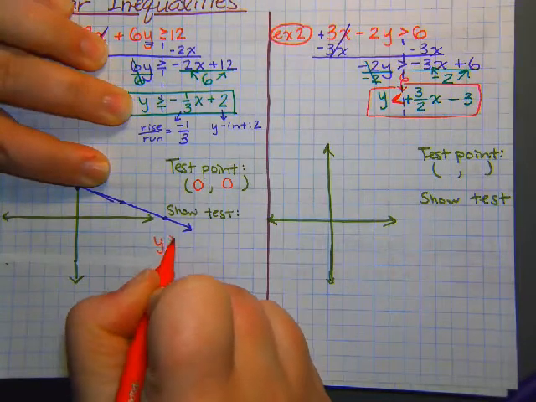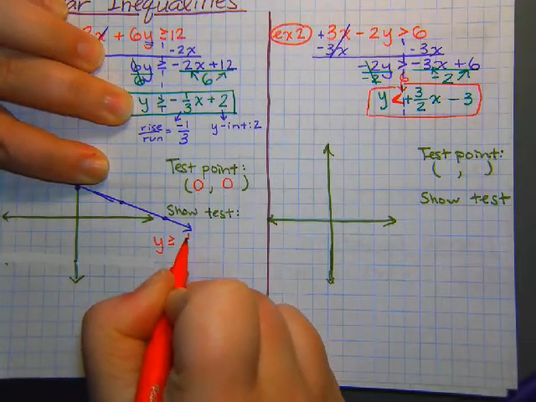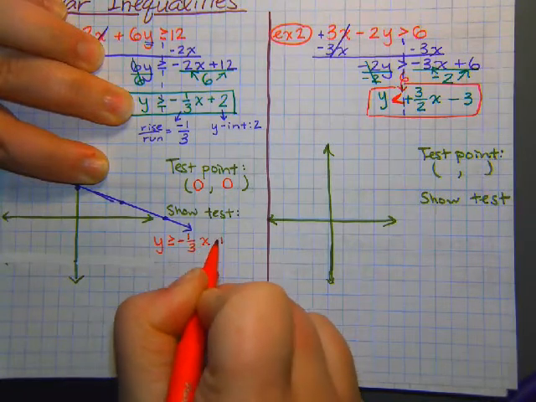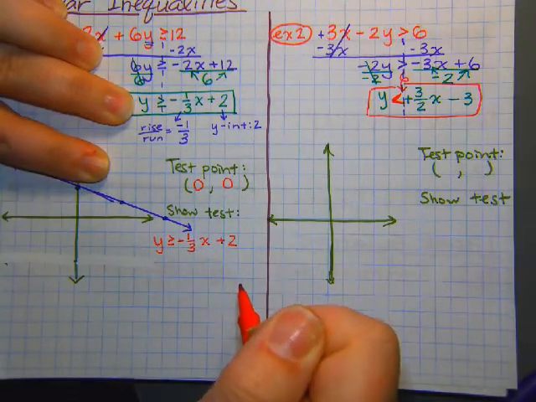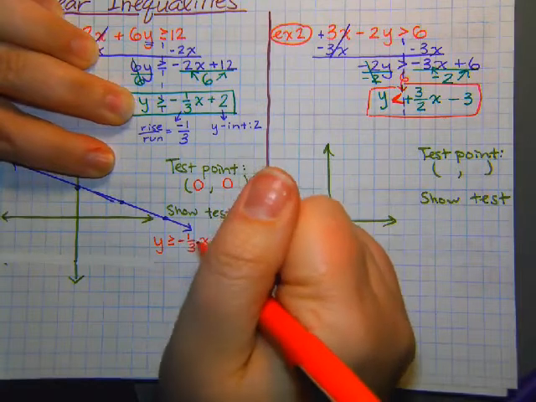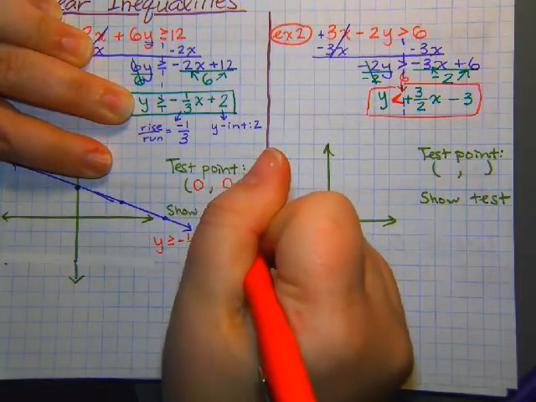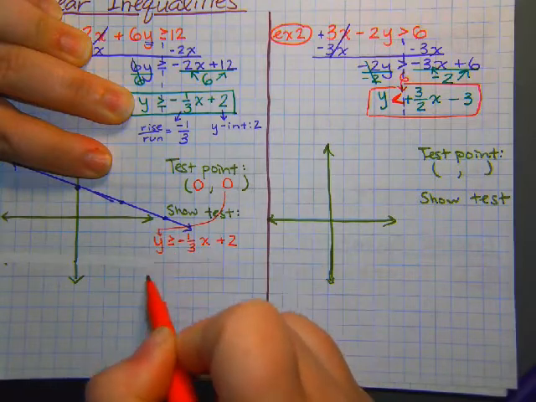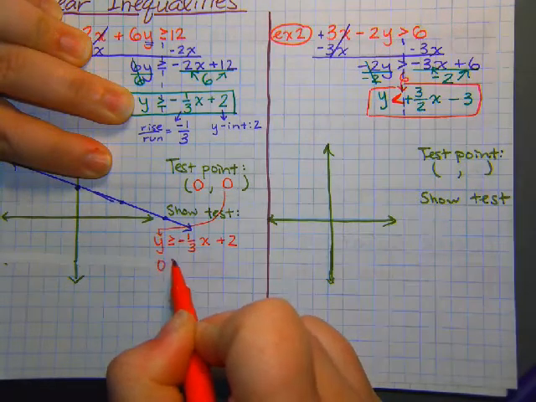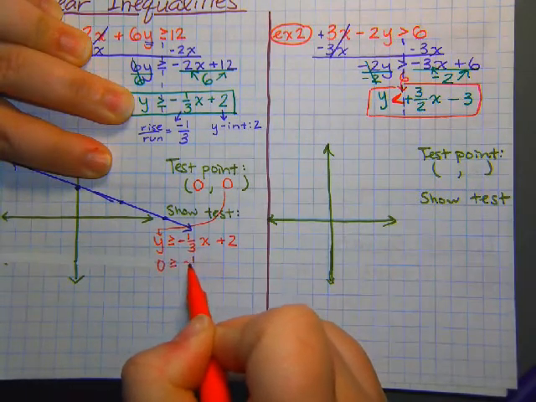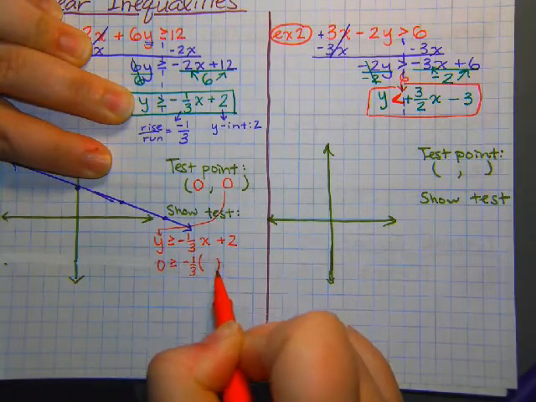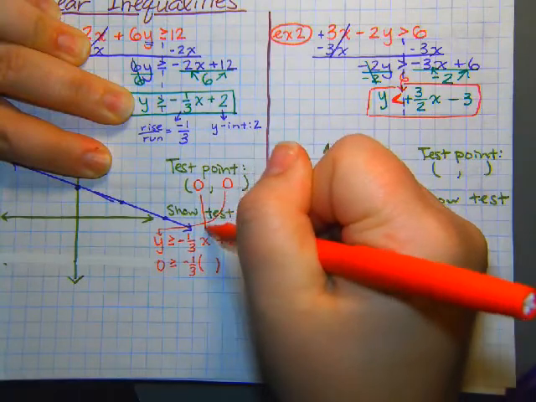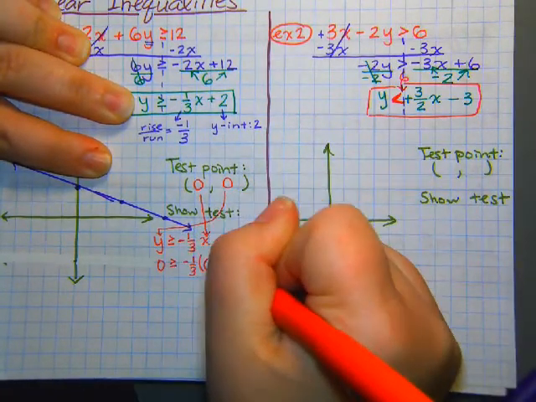So y is greater than or equal to negative 1/3 x plus 2. I'm going to take the y value, which is 0, and plug that in for y. So 0 is greater than or equal to negative 1/3. And now, instead of x, I'm going to take the x value and plug it in. And that is 0 plus 2.